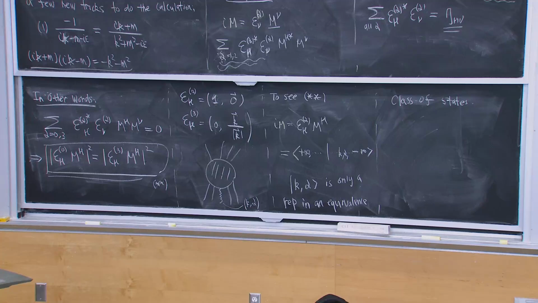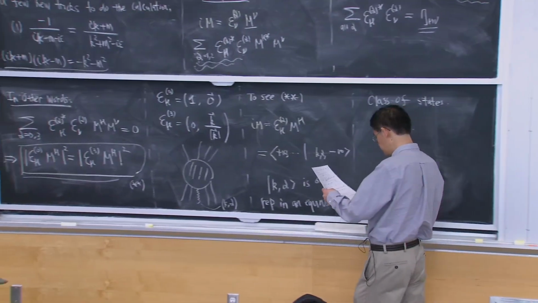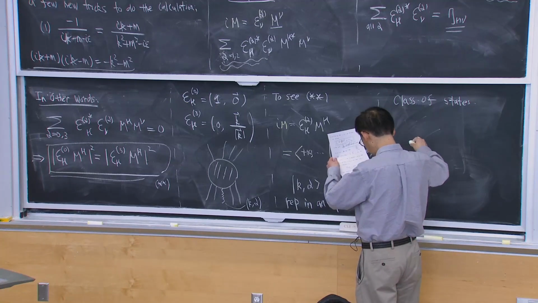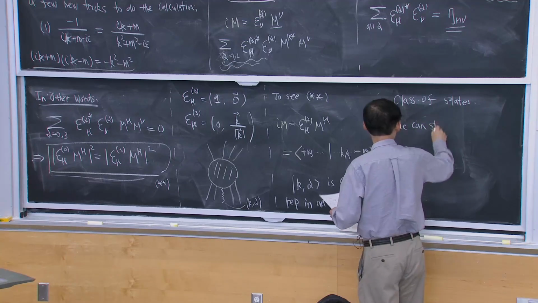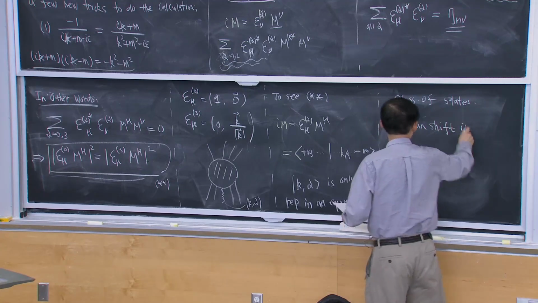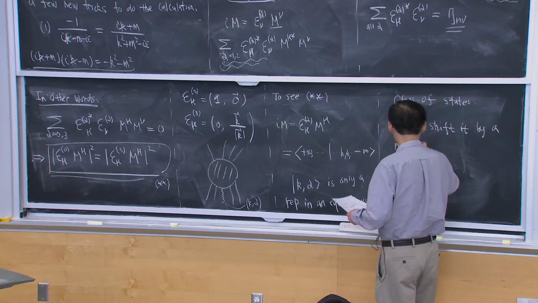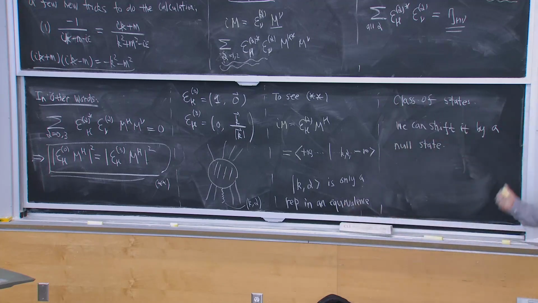And within this equivalence class, they are related by these so-called null states. So we can shift it by a null state and the physics will be the same. Remember, the null state is like a gauge transformation.